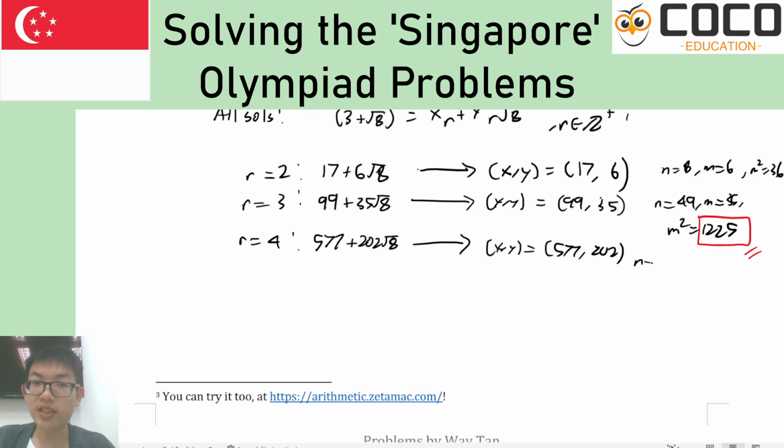You get n is equal to 289, m is 204. That is way too big for anyone to have feasibly gotten something like that. Okay, so the next one is just way too big already.